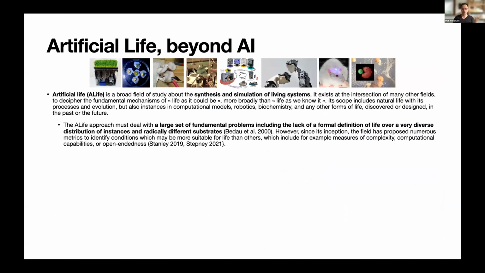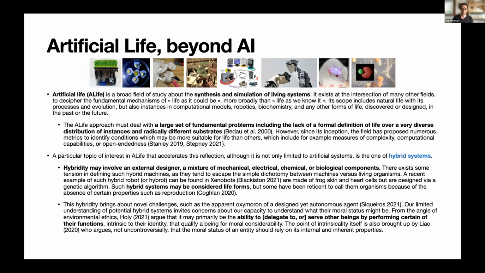So ALife is really about synthesizing and simulating living systems, right? A large set of those fundamental problems, including the lack of formal definition, is something we deal with on a daily basis. So we have some grounds in interdisciplinarity that may contribute to this kind of debate, which is exactly why we're organizing this workshop.